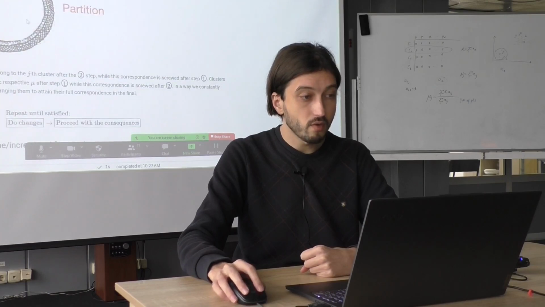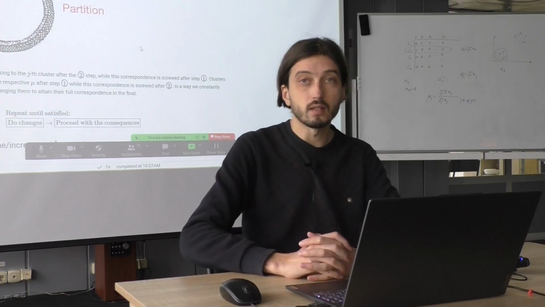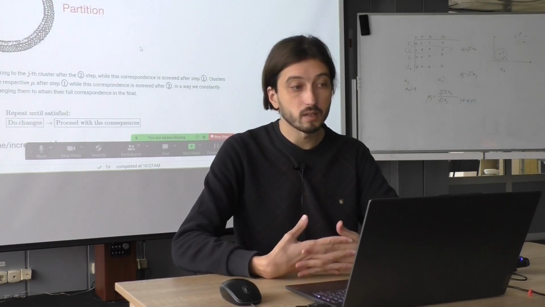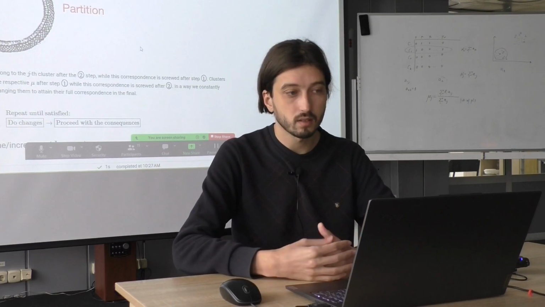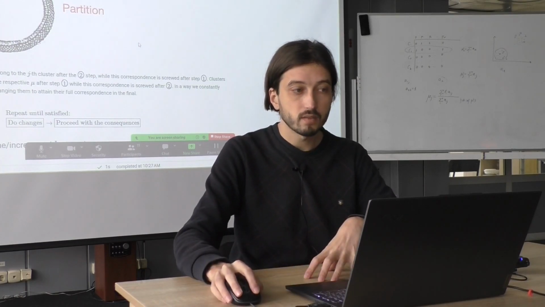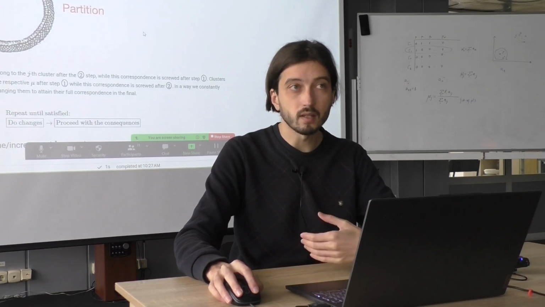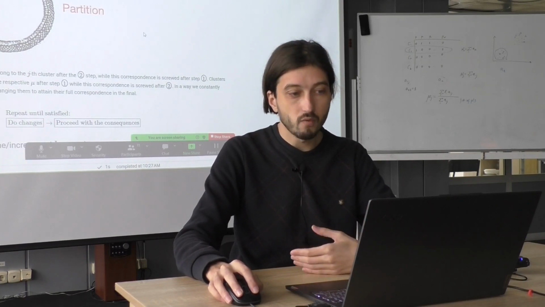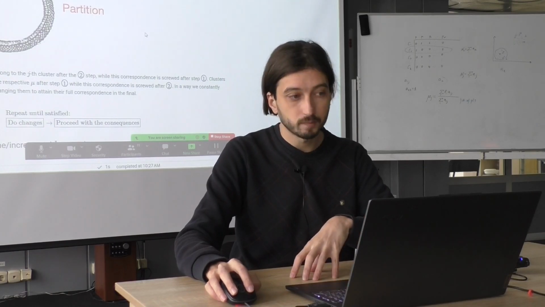So I want you to know that there is some sort of approach in these and many similar cases. If you have a function that you cannot minimize directly, it is very often used an approach of minimizing it iteratively with respect to some subsets of its parameters.